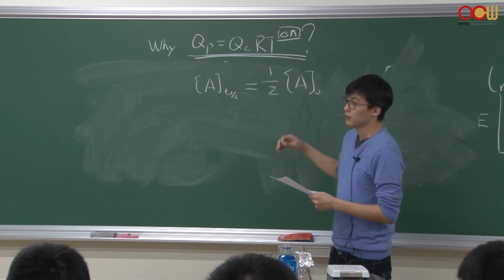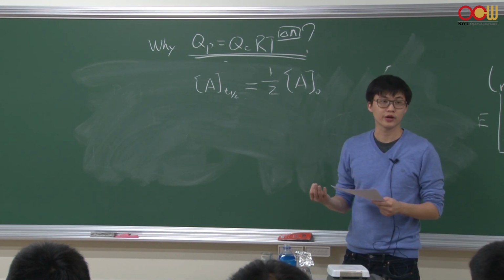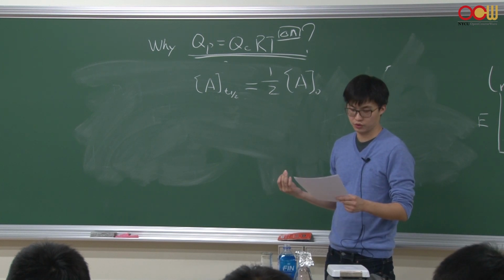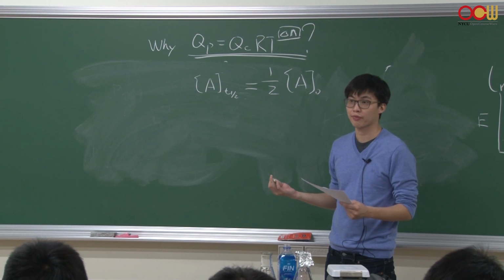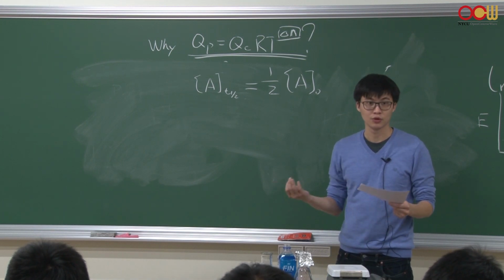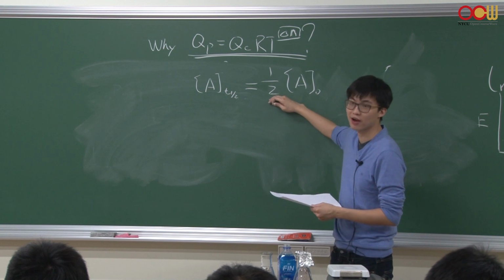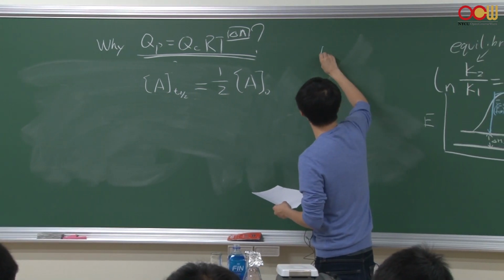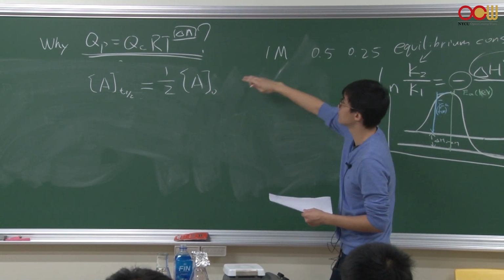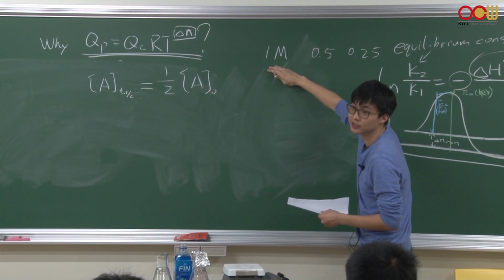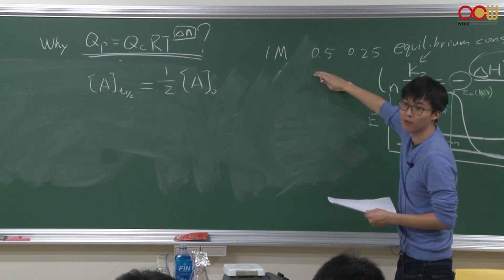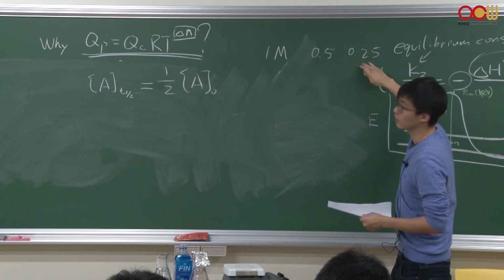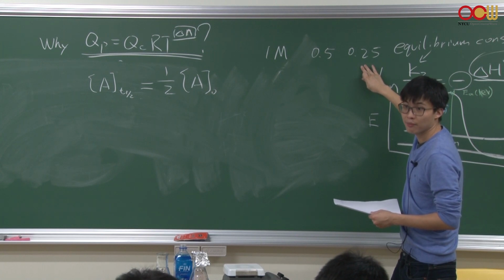Half-life in nuclear chemistry is important. But half-life is also useful when you're not very good at math. Everybody knows how to do something divided by 2, right? Then you can figure it out. Let's say we start with a concentration of 1 molar. With the concept of half-life, it's easier to figure out how long it's going to take from 1 molar to 0.5 molar, and how long it's going to take from 1 molar directly to 0.25 molar.